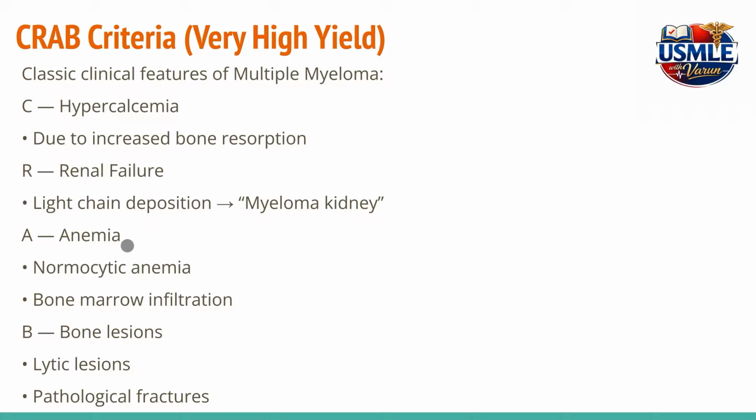A is for anemia, usually normocytic anemia due to marrow infiltration, and B is for bone lesions, specifically lytic lesions, that can lead to pathological fractures by weakening the bone. So whenever you see hypercalcemia, renal failure, anemia, and bone lesions, you have to think about multiple myeloma.